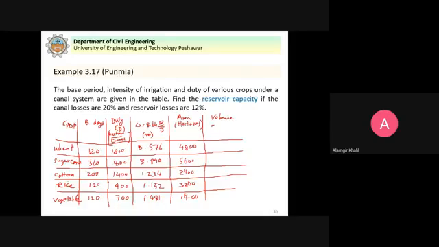So volume will be equal to delta multiplied by the area. Area is in hectares and delta is in meter, so the units will be hectare meter.